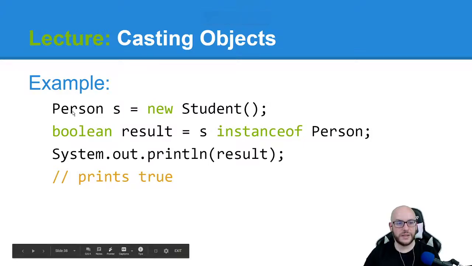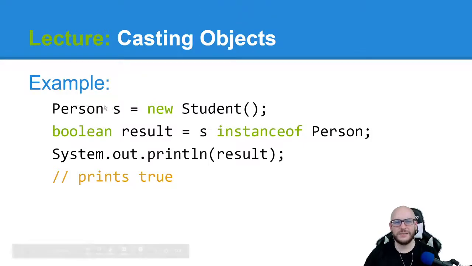Here's an example that clarifies on that. Here I have person S, and that is a new student. Well, the compile time data type of S is person. The runtime data type is student. I'm asking, is student equal to or beneath person in the class hierarchy? Yes. Okay. Is student equal to or beneath student in the class hierarchy?